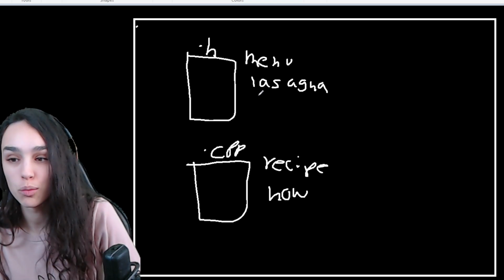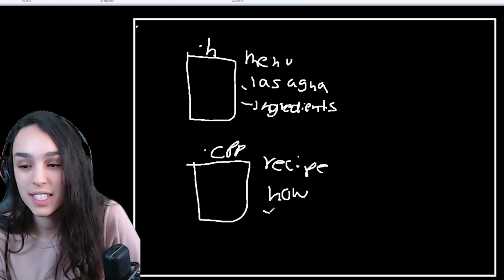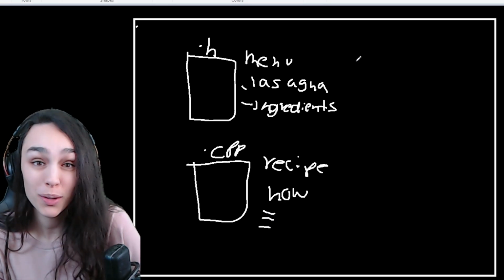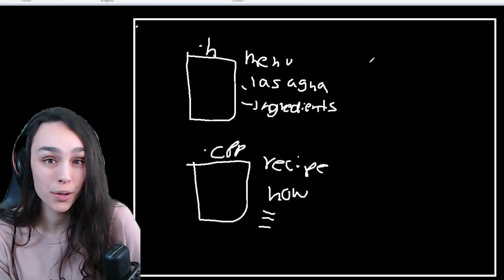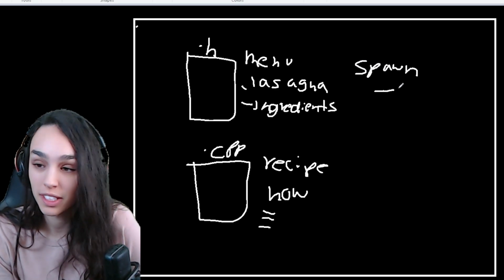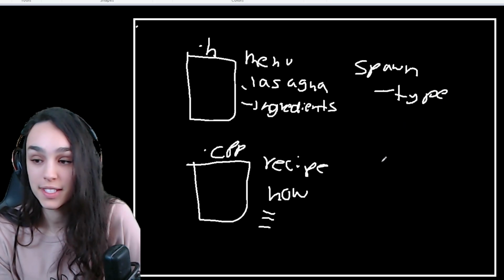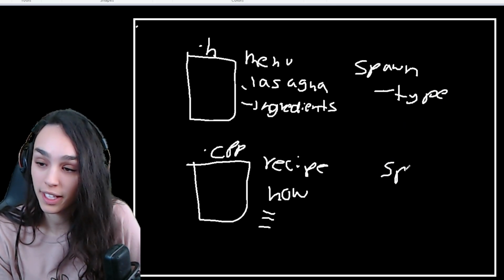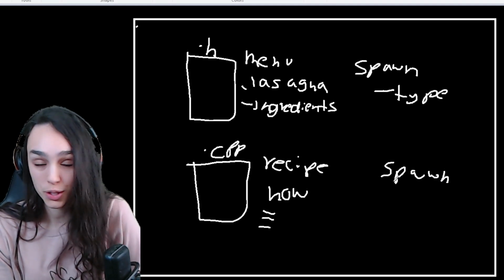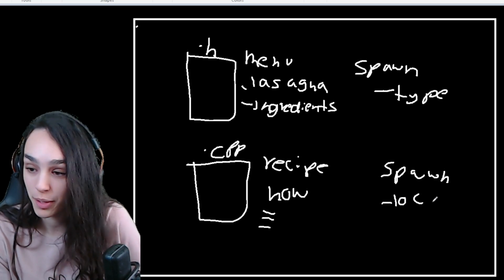So the header file is saying what we have and maybe the ingredients as well, but it doesn't tell you the step-by-step instructions of how to actually make some lasagna. And let's say with an MMO example, the header file has a piece of code that lets you spawn a player, and it could have some ingredients or inputs like what type of player, maybe it's an orc or a human, but the C++ file would actually explain how that type of player is created and then put into the world, and maybe what location it's going to be spawned in.